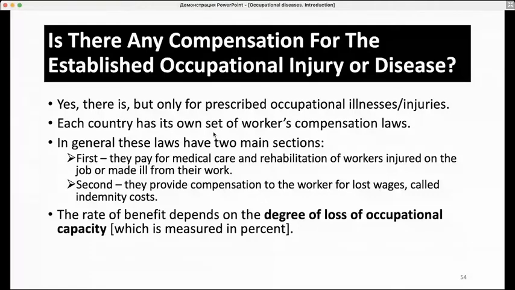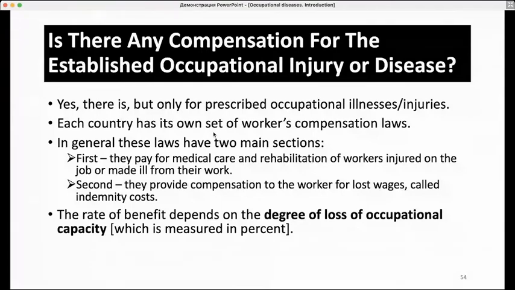And if he lost his capacity by 30%, the government will provide compensation equal to 30% of his last salary. If he got $1,000, the government will pay him how much? Yes, you're right, $300 a month for his loss.